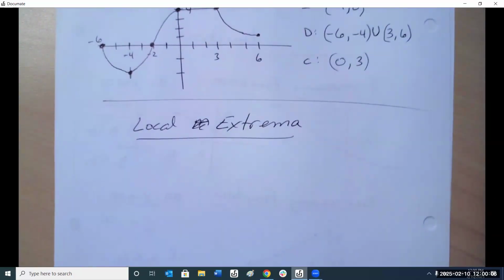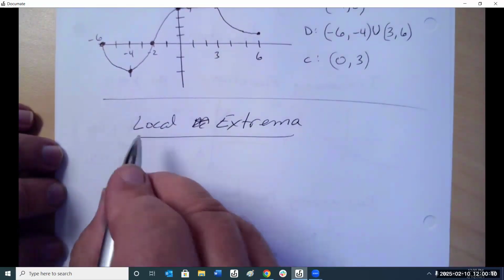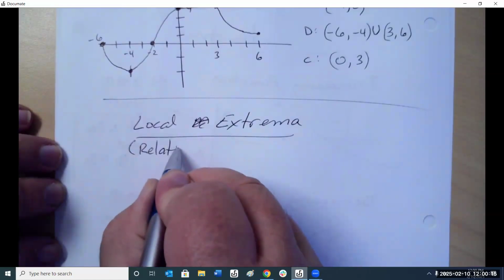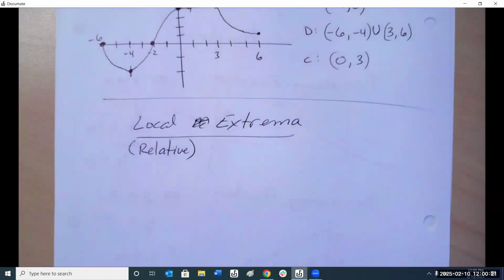Local extrema. By local, we can also call it a relative extrema. What that means is it's within a certain domain.